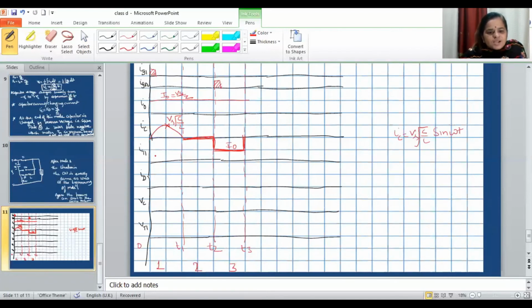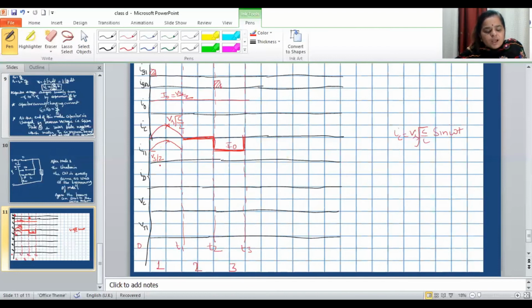Now if I plot IT1, what is IT1? In mode 1 IT1 will be I0 plus IC. So that means it will be shifted. Your sinusoidal waveform will be uplifted by Vs by Z up to this, and this is sinusoid, this is I0 and this is IC, and IT1 in mode 1 is the addition of I0 plus IC.